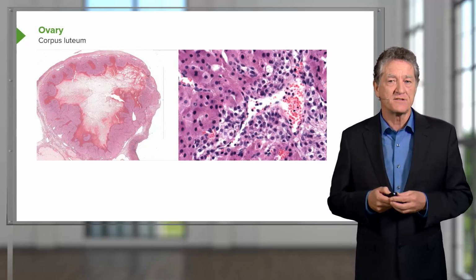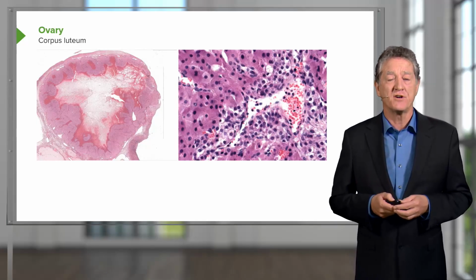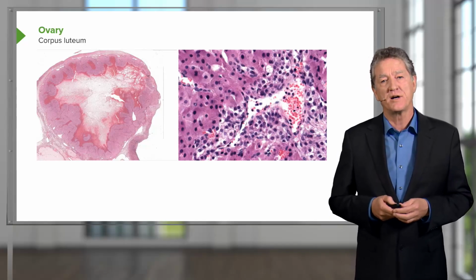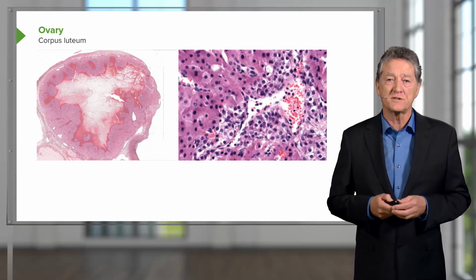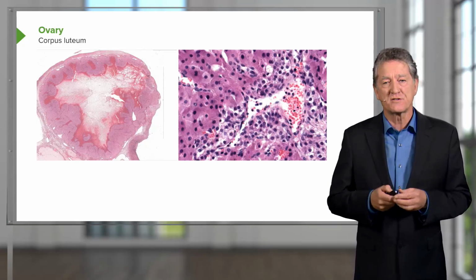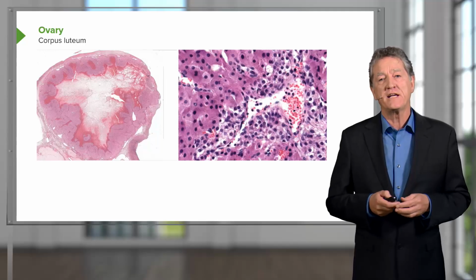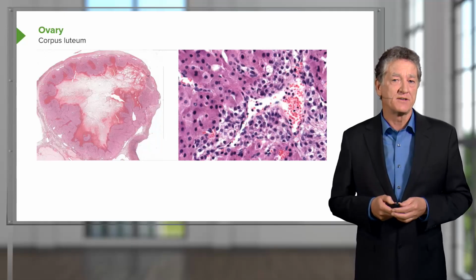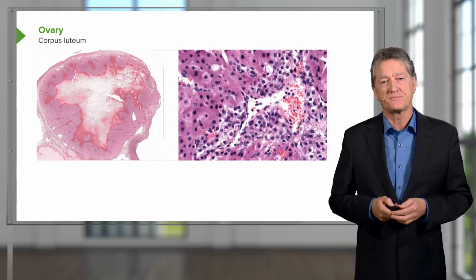But if pregnancy does not occur, implantation does not occur, then the support is withdrawn, as I said a moment ago a few times, and therefore the corpus luteum degenerates. And also because the support is withdrawn, follicular growth starts again. And that's the beginning of another ovarian cycle.